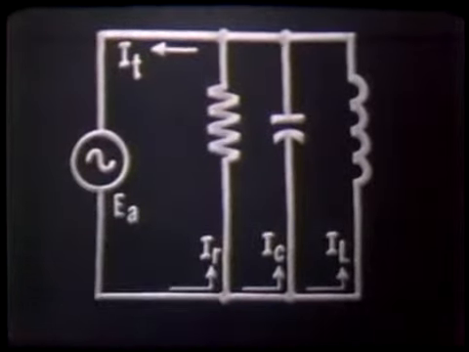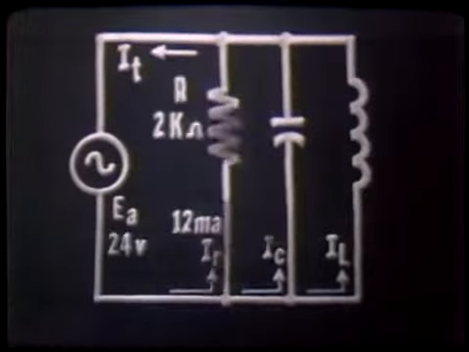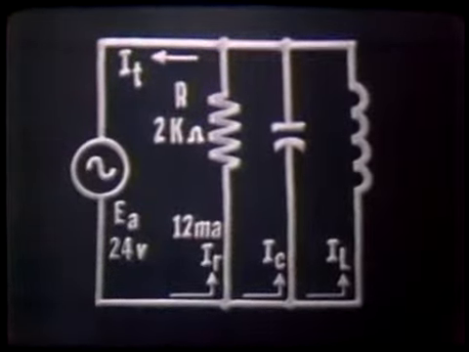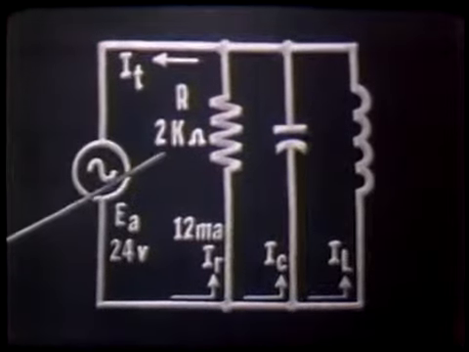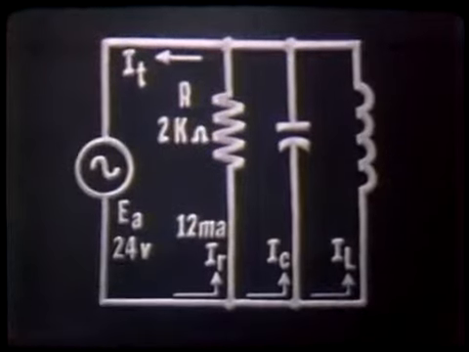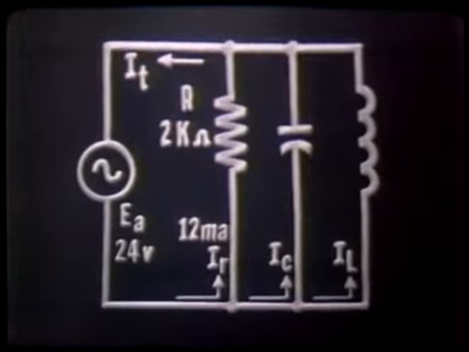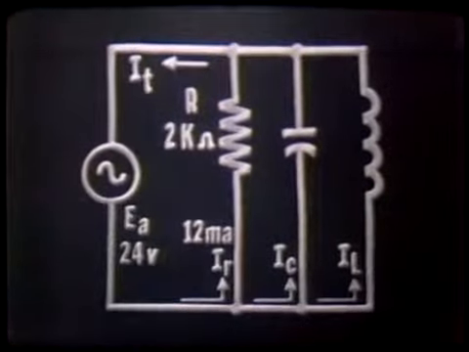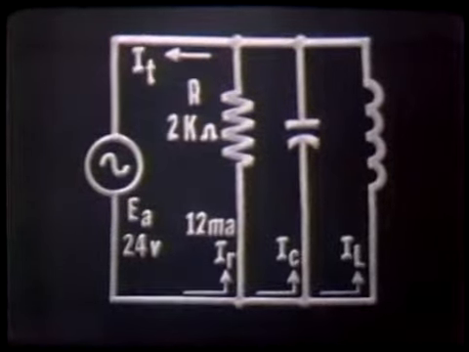Solving for branch currents by applying Ohm's law and plotting these vectors, suppose we assume our resistor is 2 kΩ with an applied voltage of 24 volts. Using Ohm's law, our current would come out to be 12 milliamperes. We would plot this on a vector like this, where IR would be equal to 12 milliamperes at 0 degrees and in phase with EA.